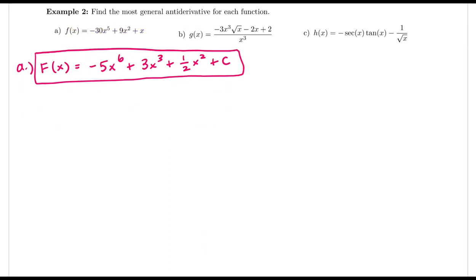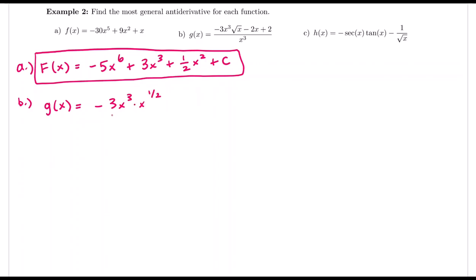All right, for part B, I'd like to find capital G of x, the antiderivative. However, it will be a little bit easier if we split this up into 3 individual terms. So actually, let me write lowercase g of x as negative 3x cubed times x to the 1/2 power.